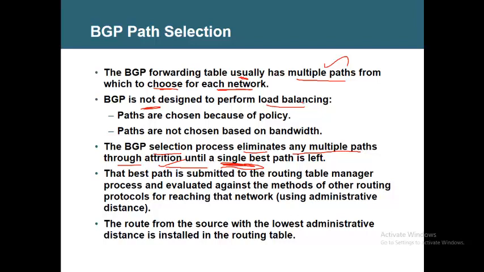EIGRP will do it because it is designed to; when you change the variance, it will do load balancing even for unequal cost. Equal cost load balancing, every routing protocol will do except BGP. For BGP, there is no metric, so there is no equal cost. BGP has attributes.